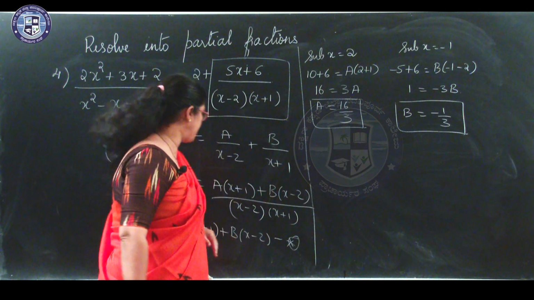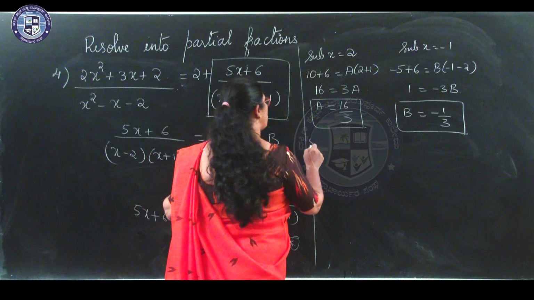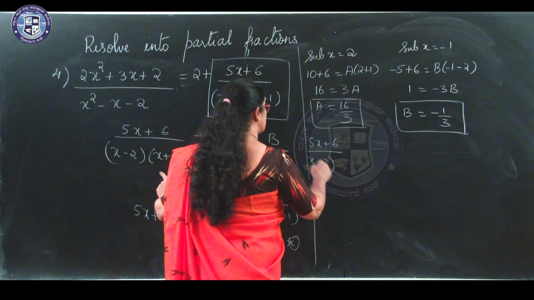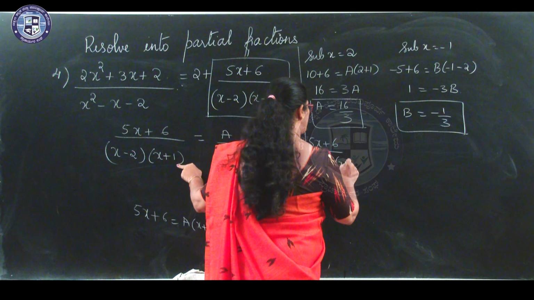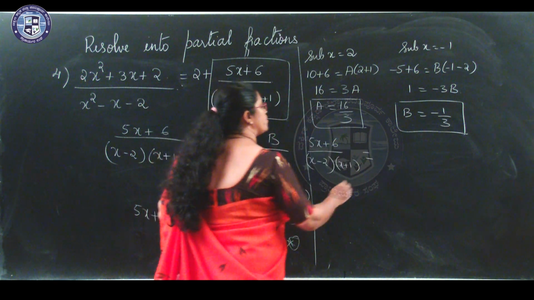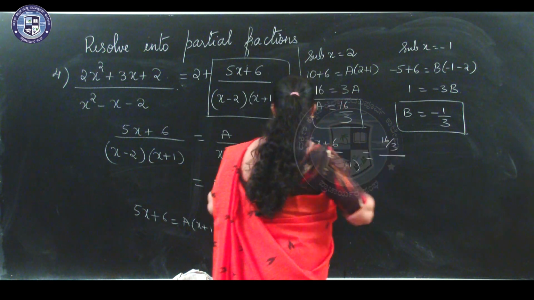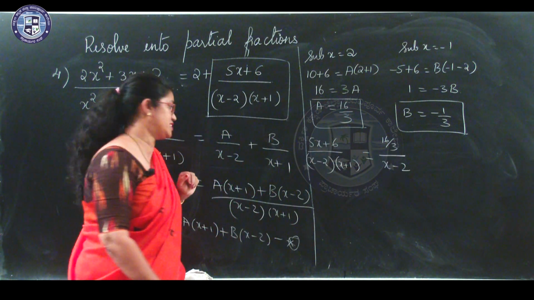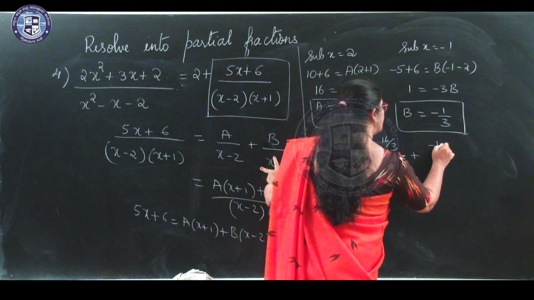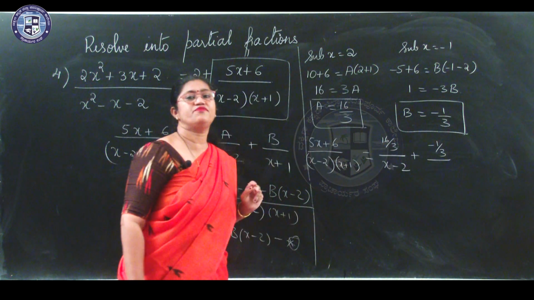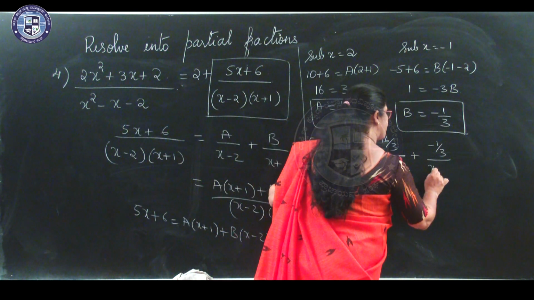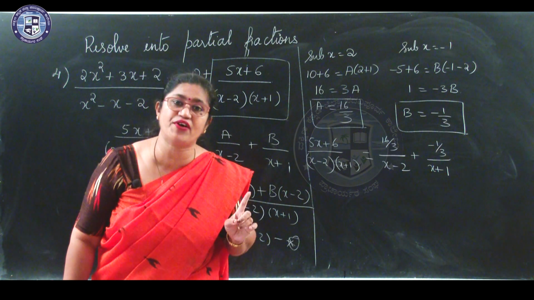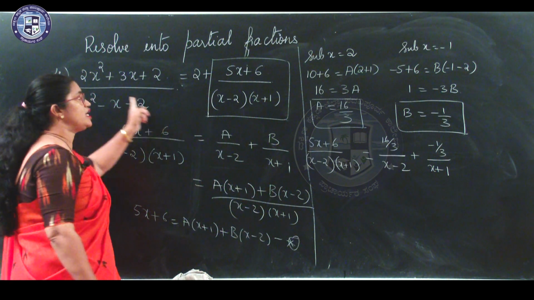Therefore, you can write that this fraction (5x plus 6) by (x minus 2)(x plus 1) is equal to (16 by 3) divided by (x minus 2) plus (minus 1 by 3) divided by (x plus 1). Not over. Please remember to write the final answer. The final answer is here.